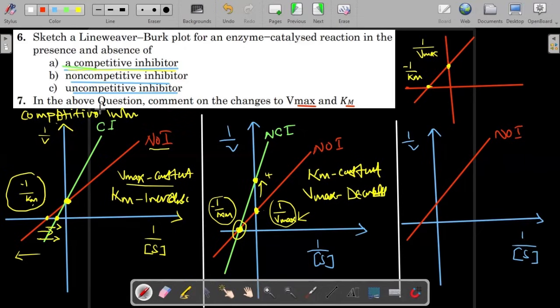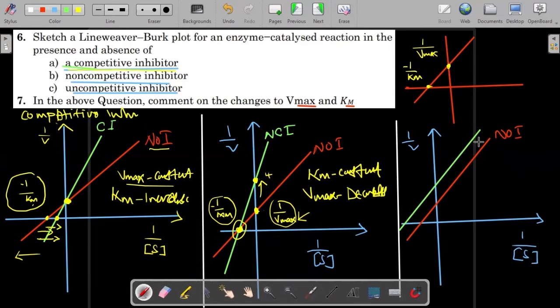And then once we introduce an uncompetitive inhibitor, notice what will happen. Okay, so with an uncompetitive inhibitor, there is no competition with this first one. So it will just be like that, to be parallel to the one that has no inhibitor at all.